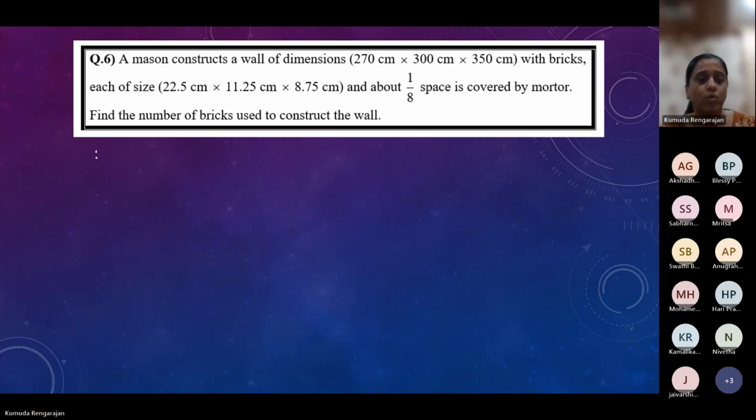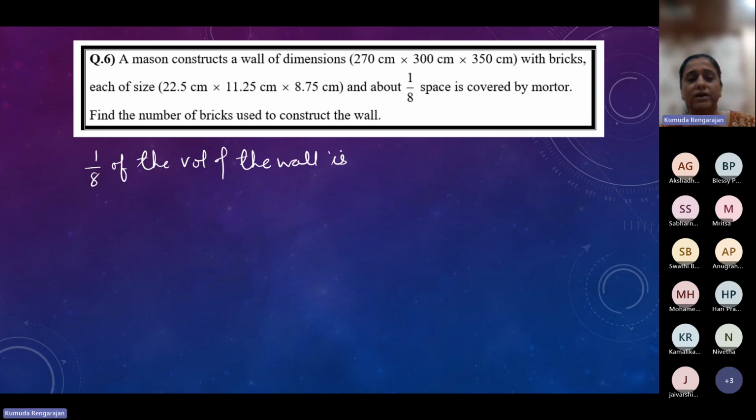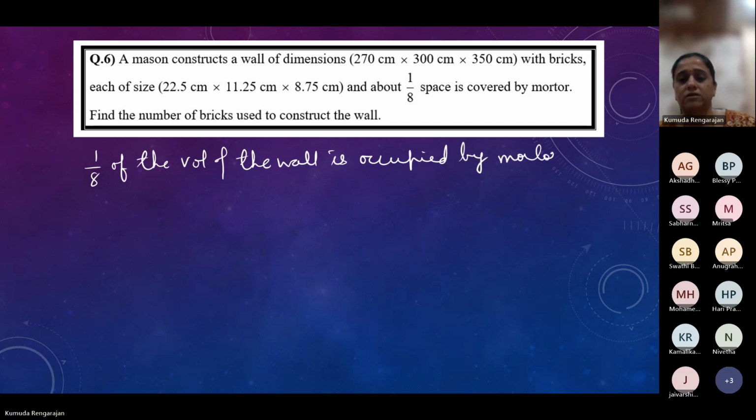See here, 1/8 of the volume of the wall is occupied by mortar.